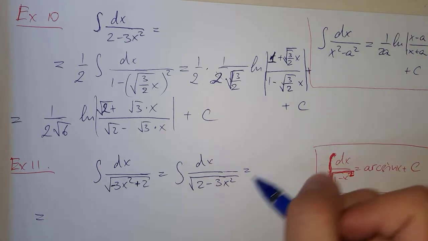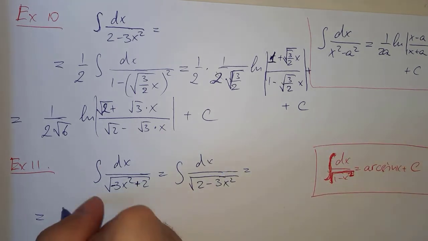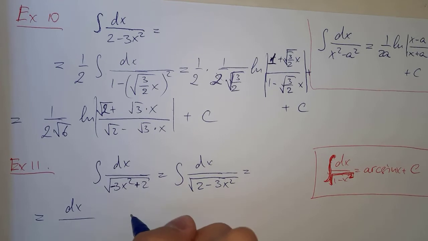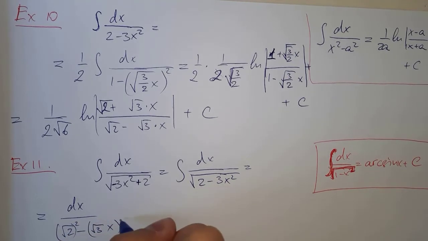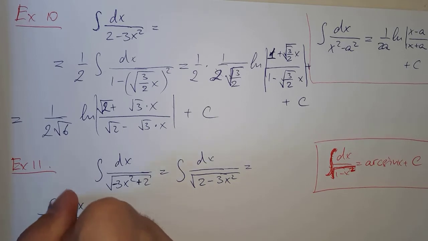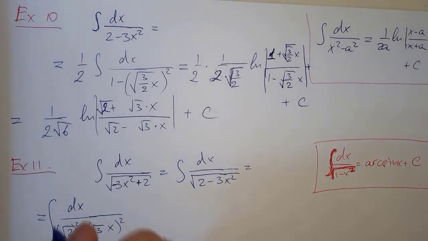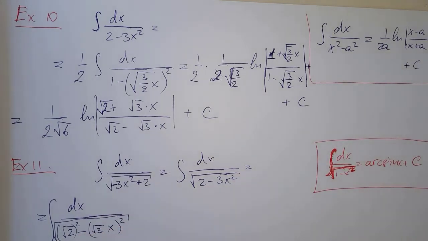So it's again 1 over a, like this: dx over square root of 2 squared minus square root of 3 x squared, all of it in square root.